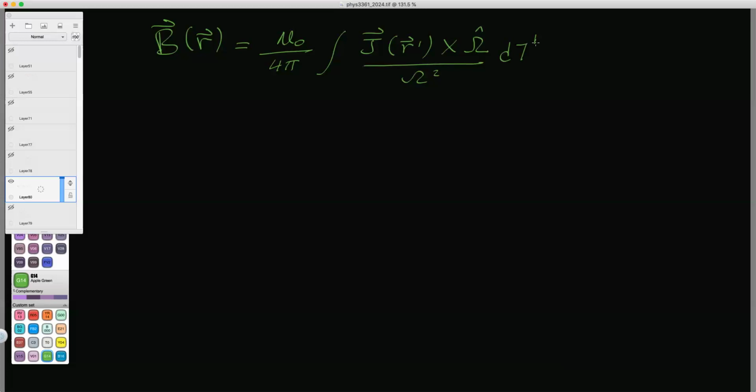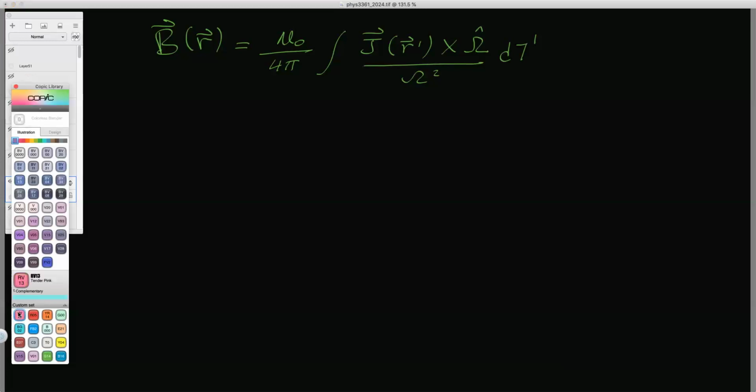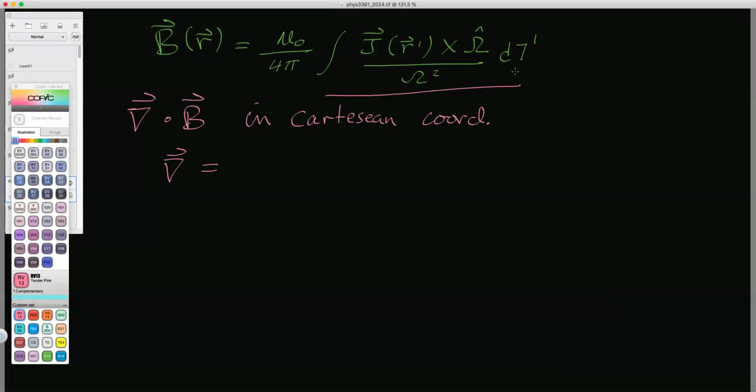So let's do first the divergence of B in Cartesian coordinates. Let's recall that del is in terms of unprimed coordinates. Over here in this integral, all the prime coordinates are being integrated out. They're gone.